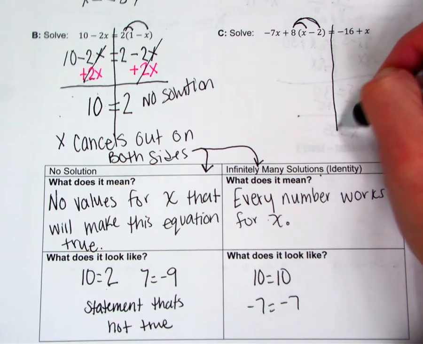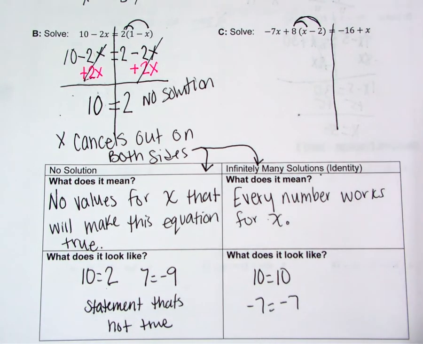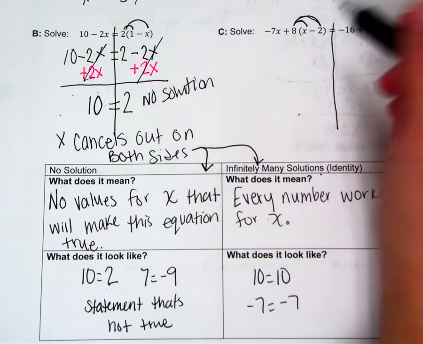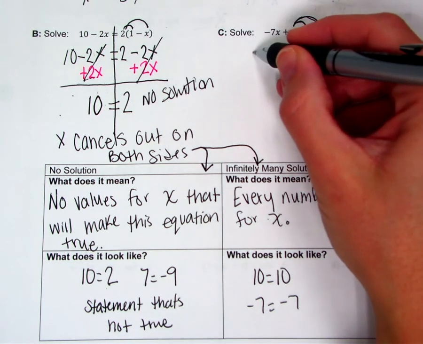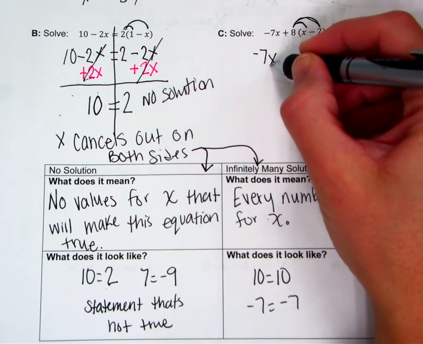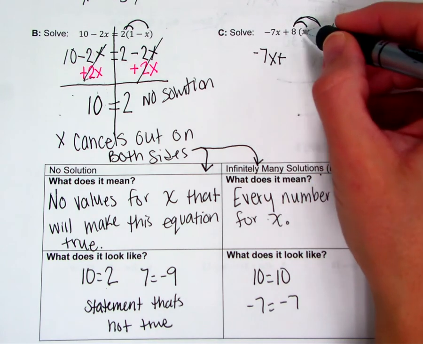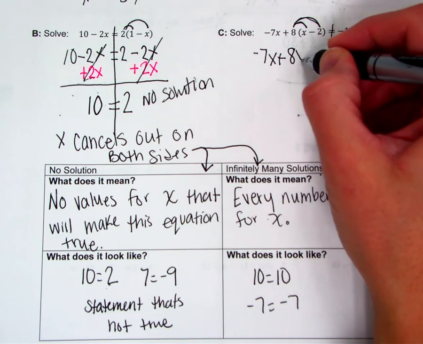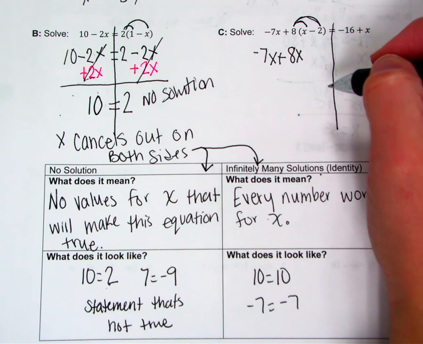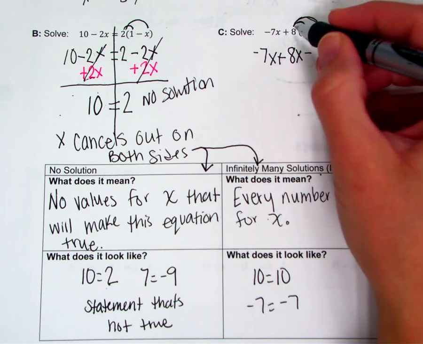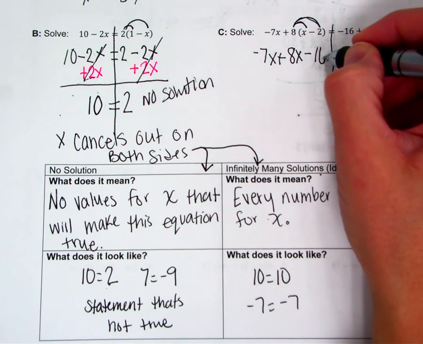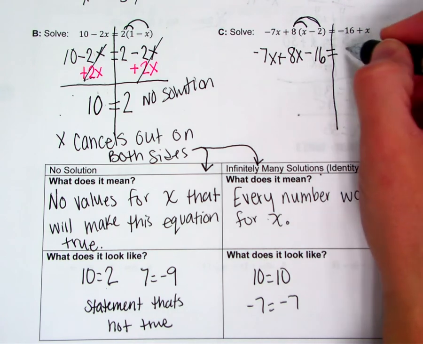I'll distribute. This problem also has lots of parts to it, so this is a good problem for us to do. We'll start with distribute because I see parentheses. 8 times x is 8x. 8 times 2 is 16.